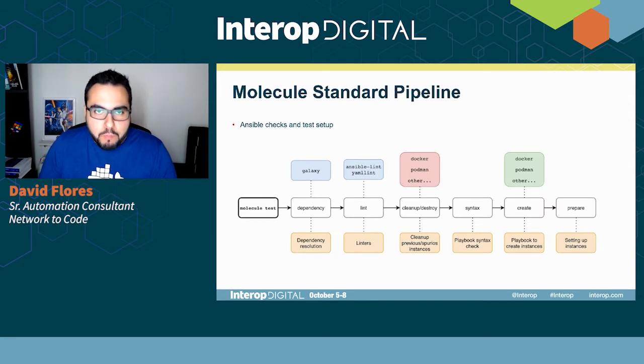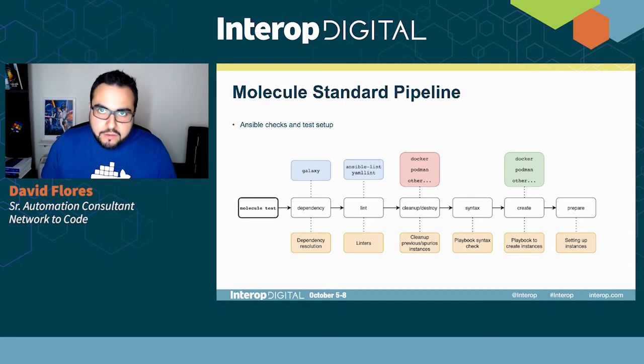Now, what is a Molecule pipeline? In this slide, I'm talking about the Ansible checks and test setup of the pipeline. I'm going to run the molecule test, which is basically going to fire the entire pipeline of a specific scenario. First, it's going to do some dependency resolution. Okay, this is normally on Galaxy. Most of the cases, this is going to be skipped.